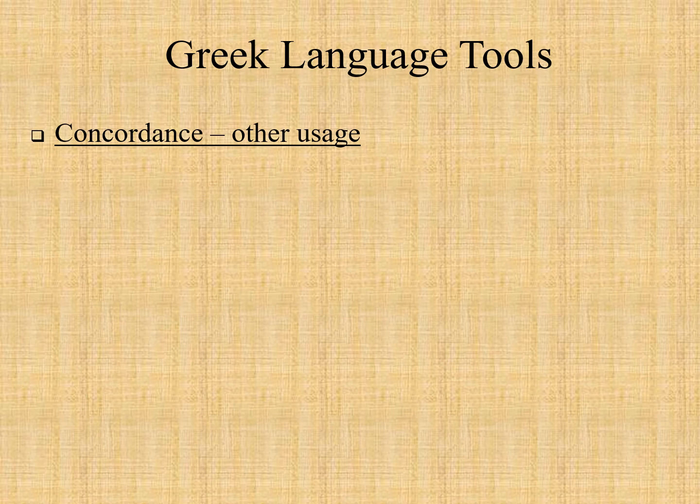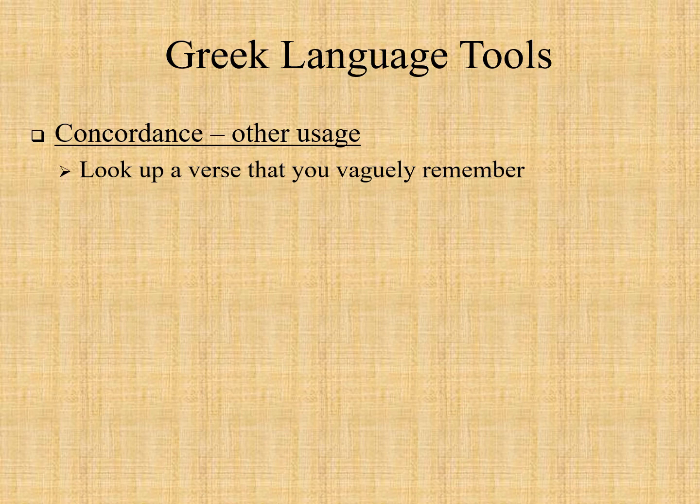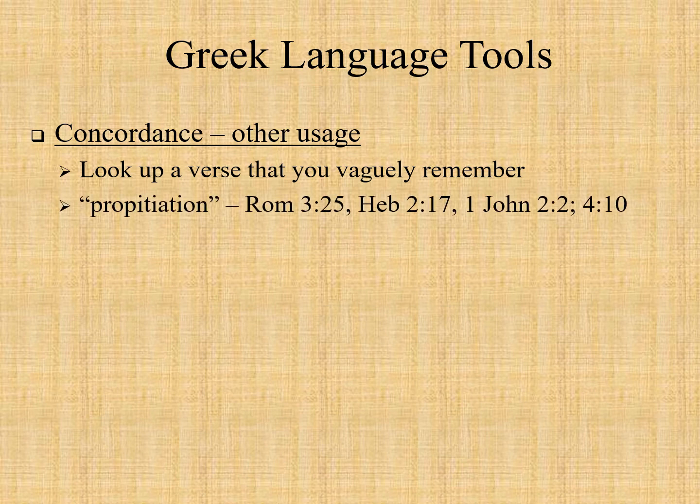A concordance can be used in other ways as well. For example, you could look up a verse that you vaguely remember, or a word that you kind of remember but you don't know where to find it. For example, you might think of the word propitiation, but you don't quite remember where to find it.